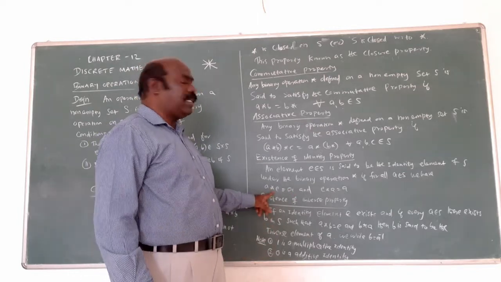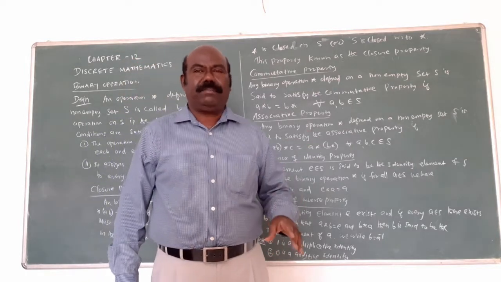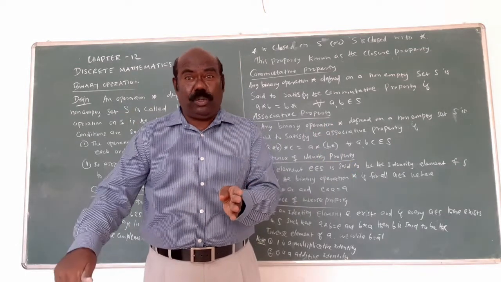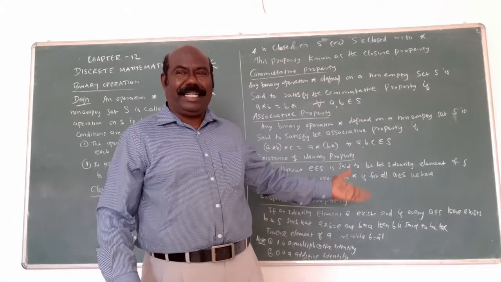For example, let star be multiplication. 2 is there. If you multiply 2 by some other number, we get again 2. What is the number? 2 ones are 2. 1 is the identity element.